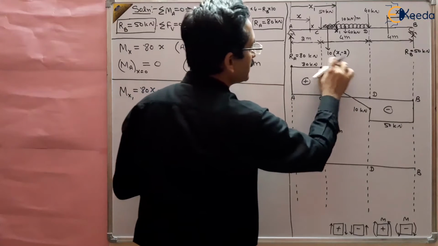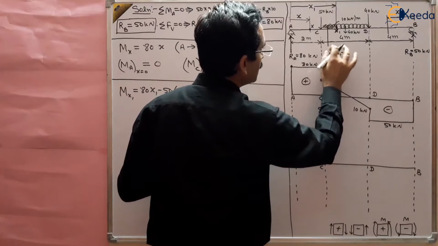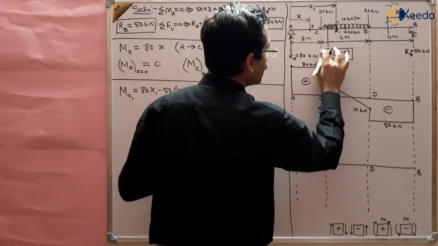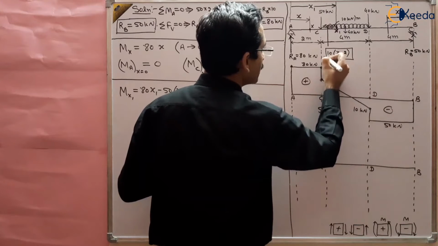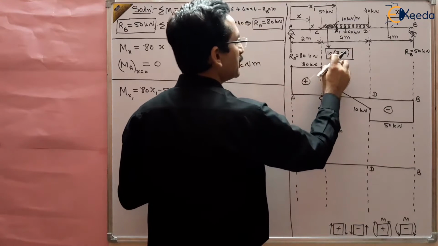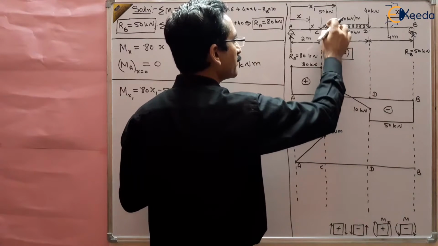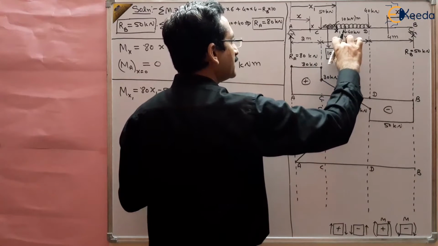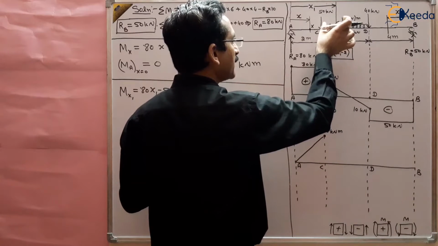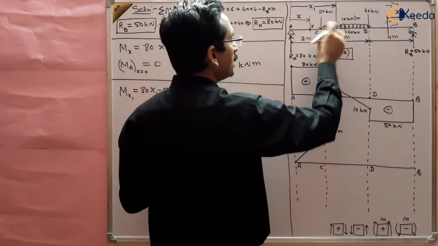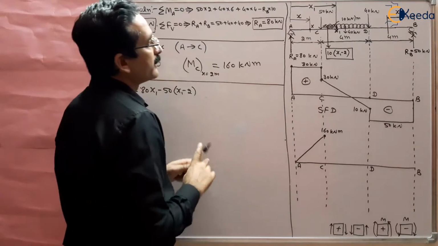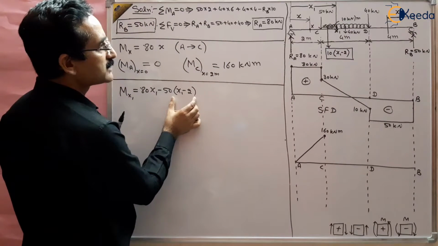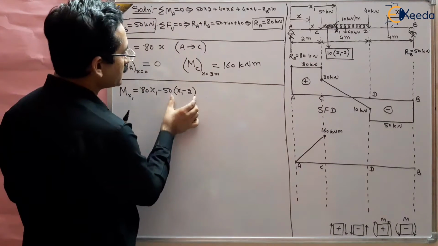And then the moment of this force, this part of the UDL, which is 10 (x1 minus 2). And it is at the center of this, so the Cx1 distance must be known. We know that Cx1 distance is x1 minus 2.